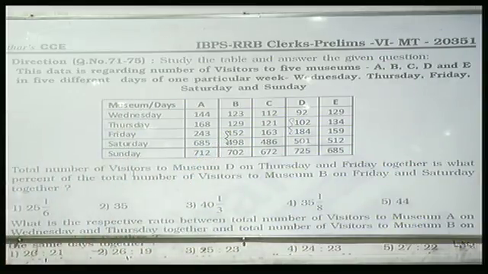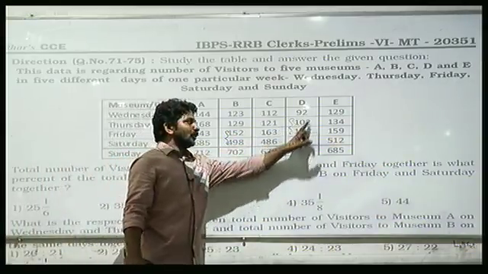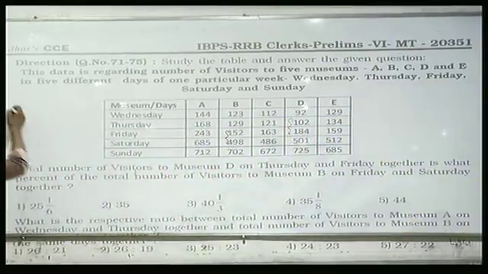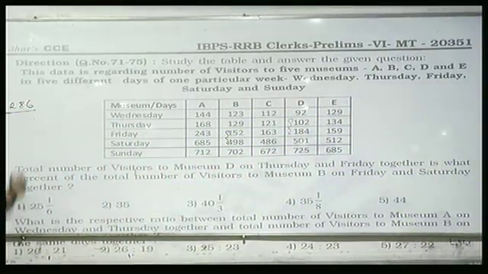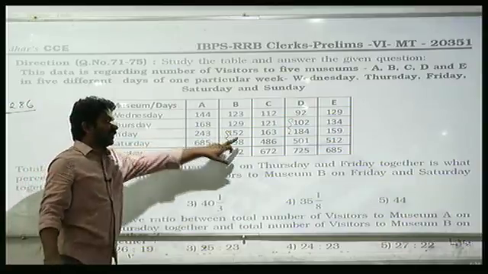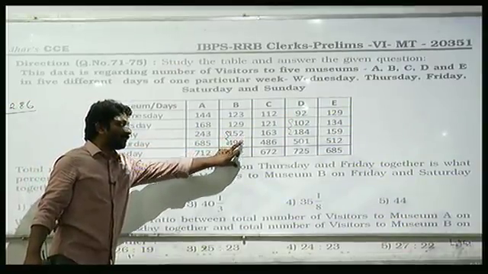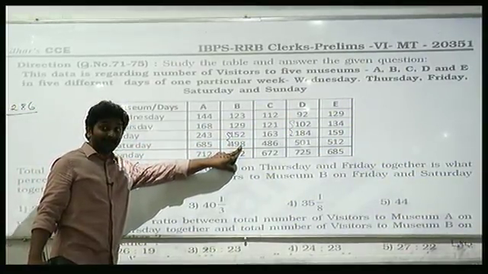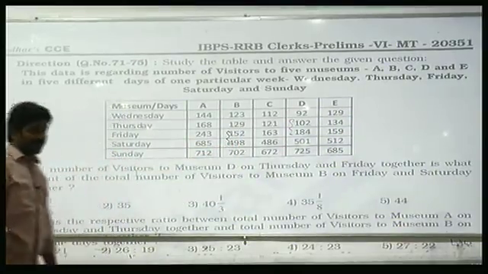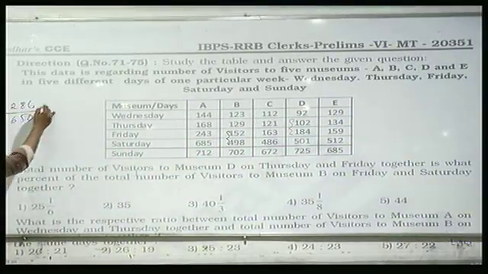Right. So the number of visitors on D is what percent of the number of visitors on B for 2 particular days. So these 2 values together it is 286. 286 is what percent of the sum of these 2 numbers? If you take 2 from this number and add here, it becomes 500 and the total value becomes 650. So total is 650. Percentage, right?